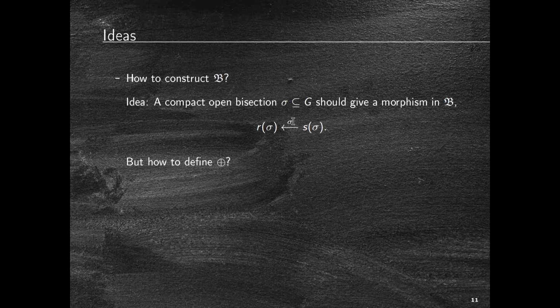So there is a particular instance where it's clear what this notion of direct sum should do. And that is if you have two bisections which as subspaces of G are disjoint. Because if they're disjoint, then you can just form the disjoint union, set theoretically, and that would give you another bisection.